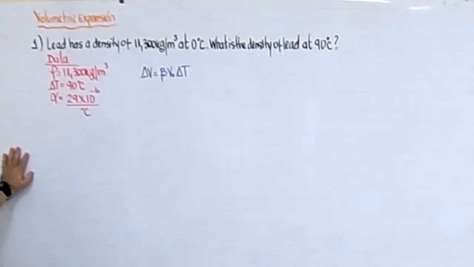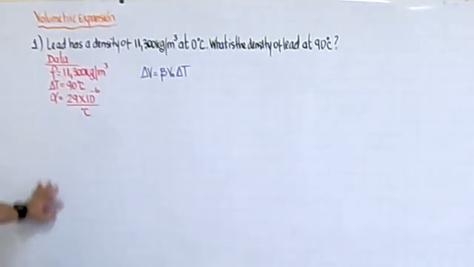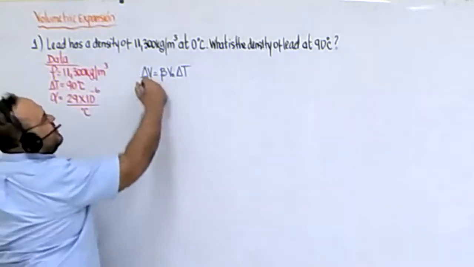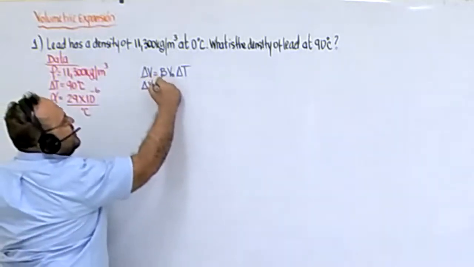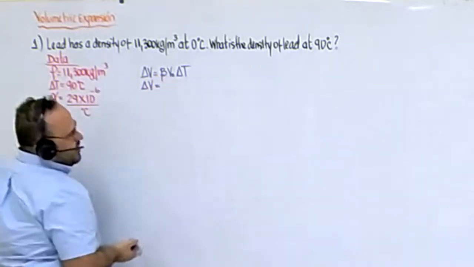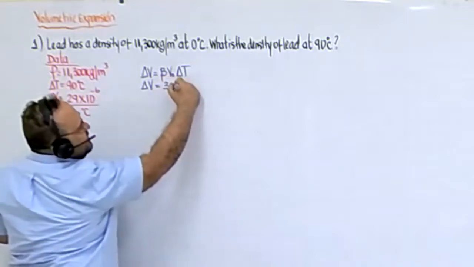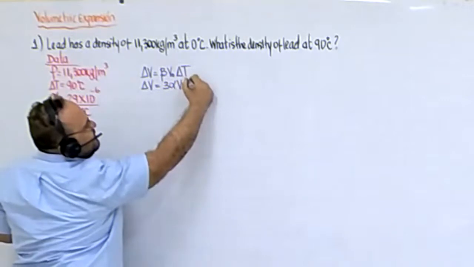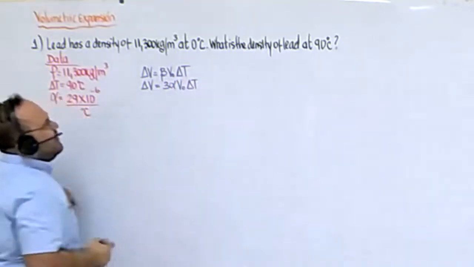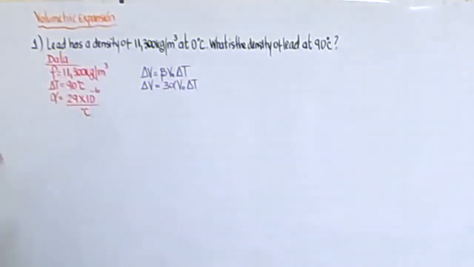This is the formula that we have in this situation. And the most important thing, because we're talking about a solid, we can replace beta using 3 times alpha. So for solids, the change of volume is 3 times alpha, initial volume, delta T.